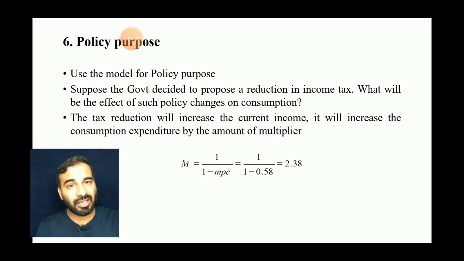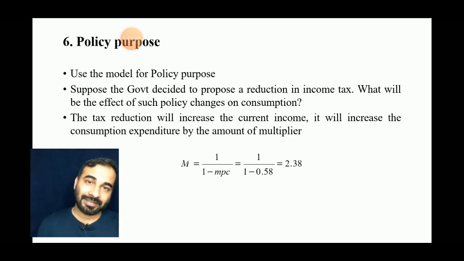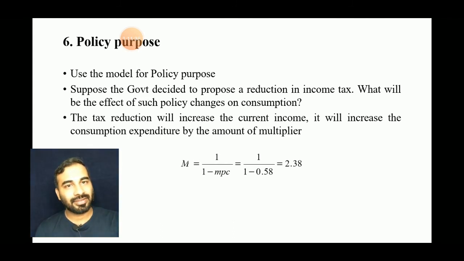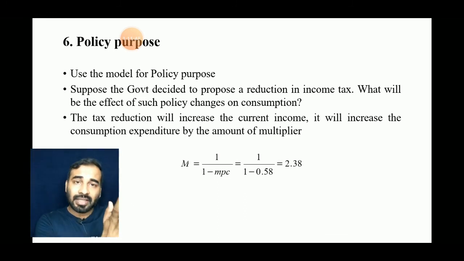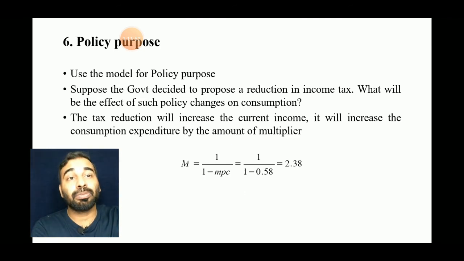So 1 divided by 1 minus, what's our MPC? 0.58. So it is 2.38. So we got the result. This is the duty of an econometrician. Then we have to suggest to the government that if you increase the amount by this much, the consumption of the people would increase by 2.38 percent.